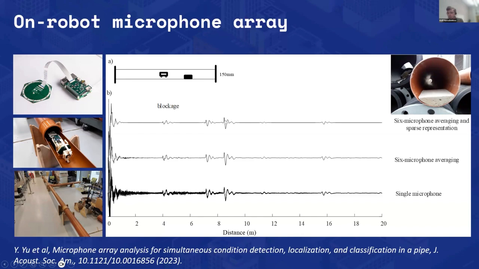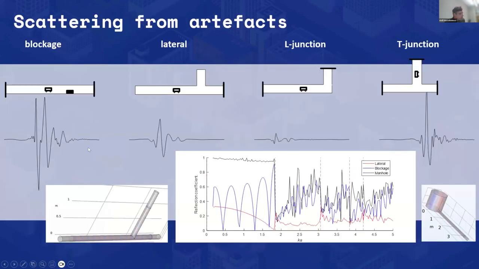That's very useful because in this case you can take a signature, for example this one, which comes from the end of the pipe, and analyse the signature in a very computationally efficient way, about 100 times more efficient than visual images, to detect what it is, whether it's a pipe end, a lateral connection, or a blockage. This slide shows you the principle behind it.